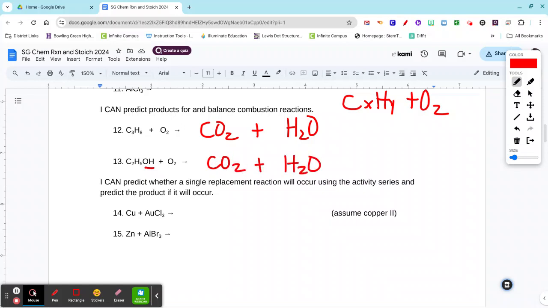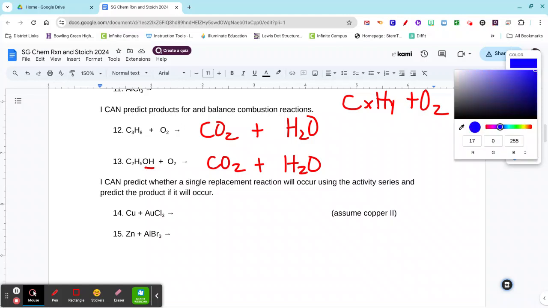Okay, so remember when you're balancing combustion reactions, you want to balance your carbon first. So since I have 3 on the left, I'm going to put a 3 here. And then that's going to give me 3 carbons, and it's going to give me 6 oxygens because you have to multiply by the subscript. Okay, so 6 oxygens. Then the next thing you should balance is your hydrogen.